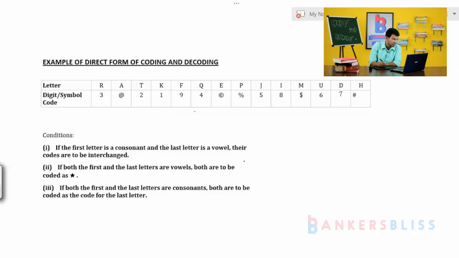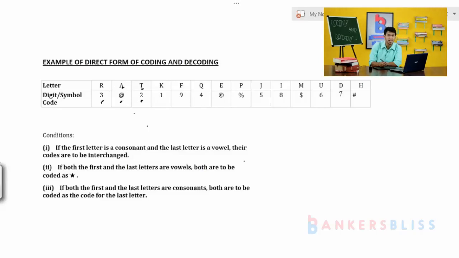This is just an example I am showing you. R is coded as a number. Then A is coded as a symbol, which is at the rate. Then T is coded by the number 2.